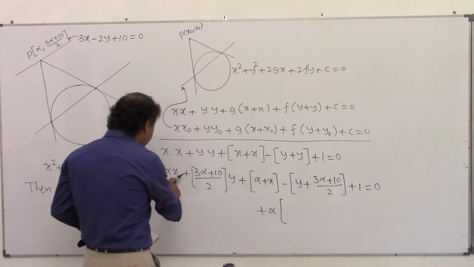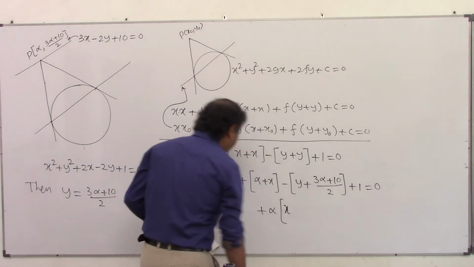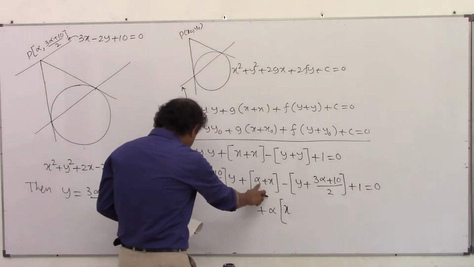Here we get alpha out, the next, and here we get 1.